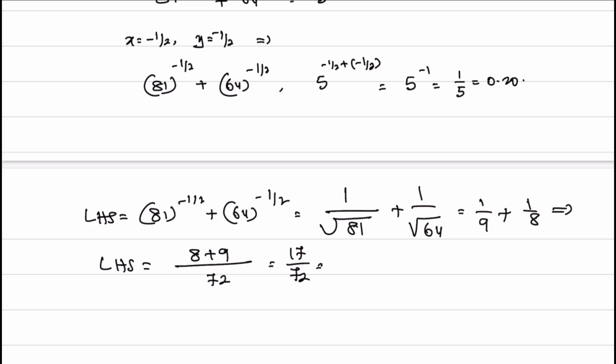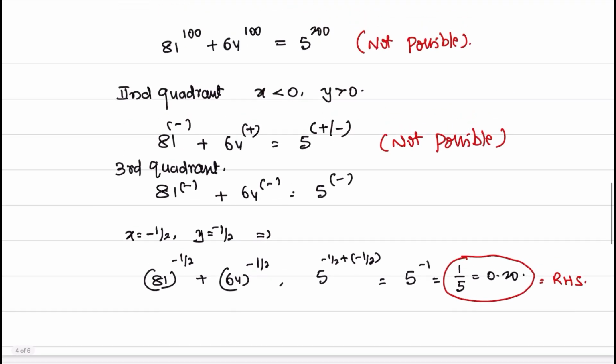That is approximately 1 by 4.3. Here it is 1 by 5. Just see. That means the left hand side is almost matching with the right hand side. That means there is a point having negative powers in the range in and around minus half. That is an approximate solution.